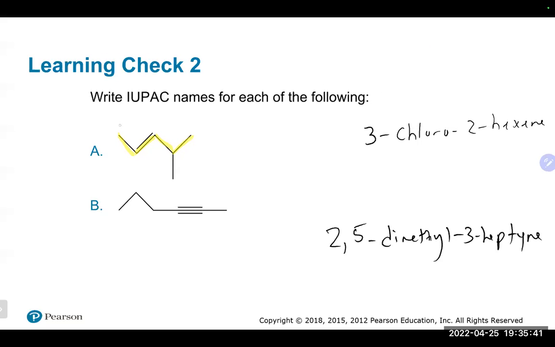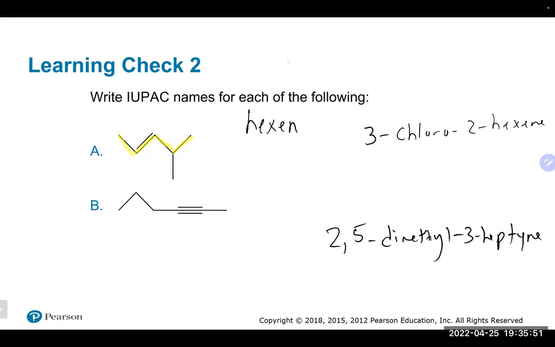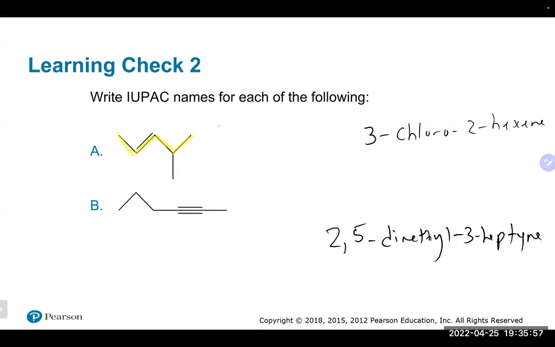So 1, 2, 3, 4, 5 would get us pentene, not hexene. I know, I failed chemistry. It's okay. It should be pentene, yes. My head was thinking about a different question.